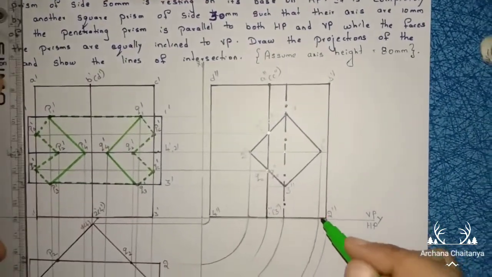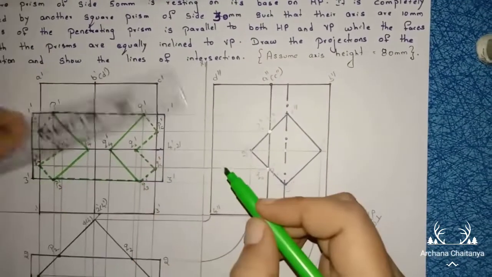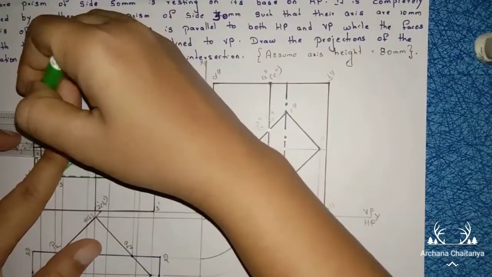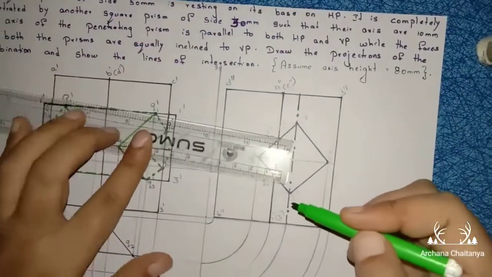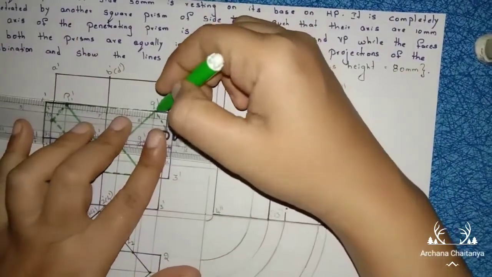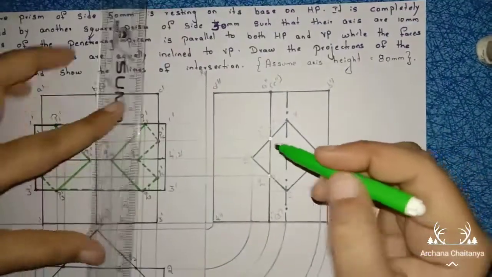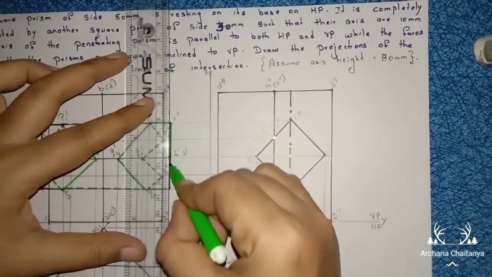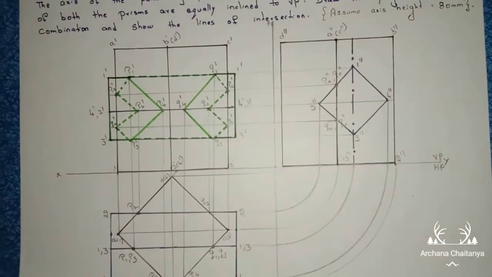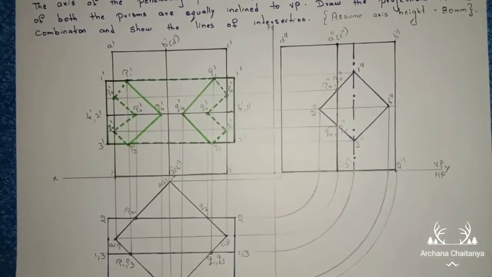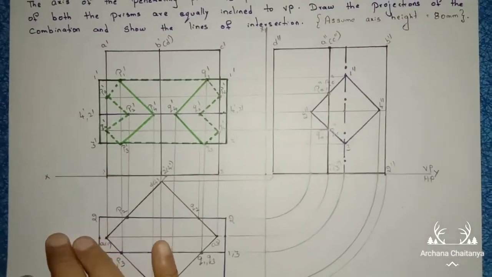Right, now join this one. Right, this is the square prism intersecting square prism, such that their axes are 10 mm apart.